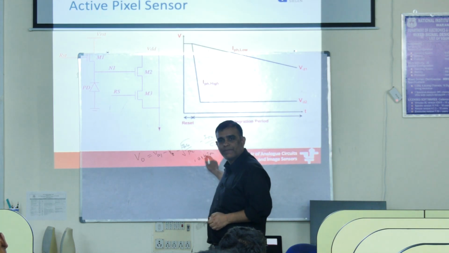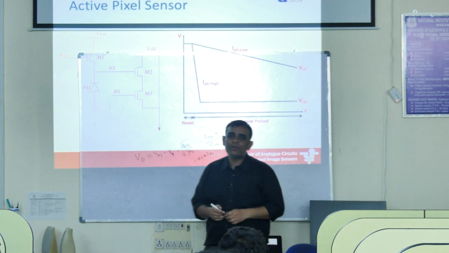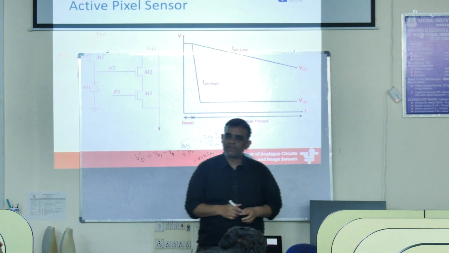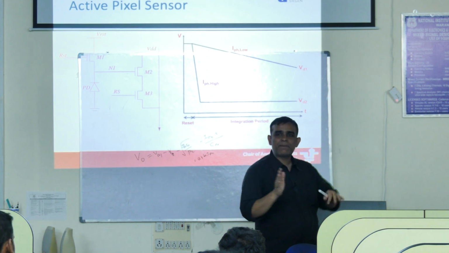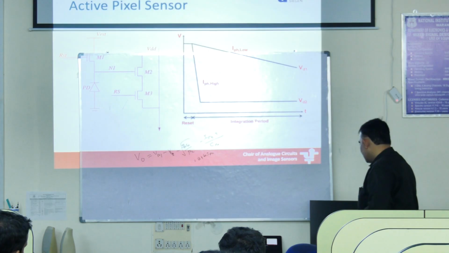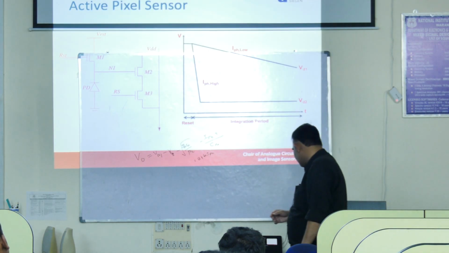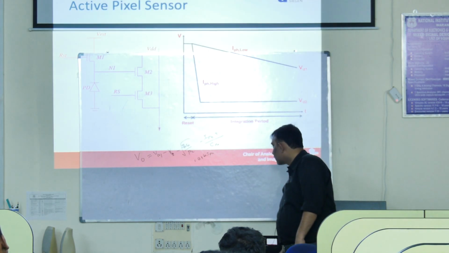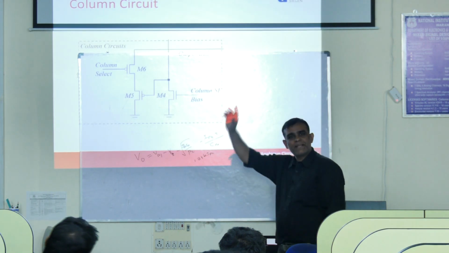A is not going to be fixed, B is not going to be fixed. This noise is called fixed pattern noise. It appears as if a fixed pattern has been imposed onto my image. And I'll show you an example of fixed pattern noise just in a minute. Now that was the pixel level.